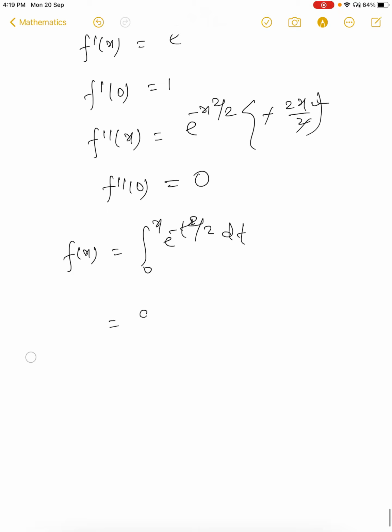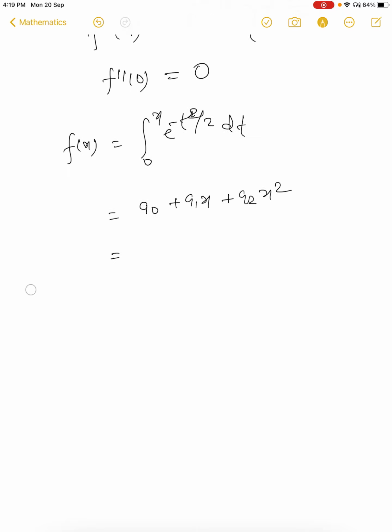Its expansion is given as a0 + a1x + a2x². So in the Taylor expansion, a0 is f(0), plus a1 is f'(0)/1! times x, and a2, what will a2 be?